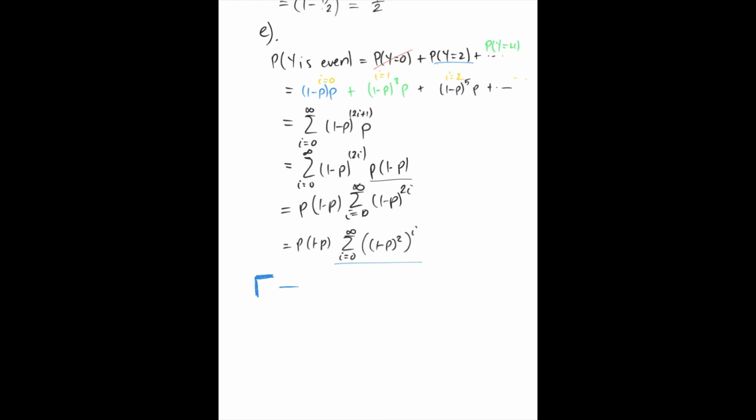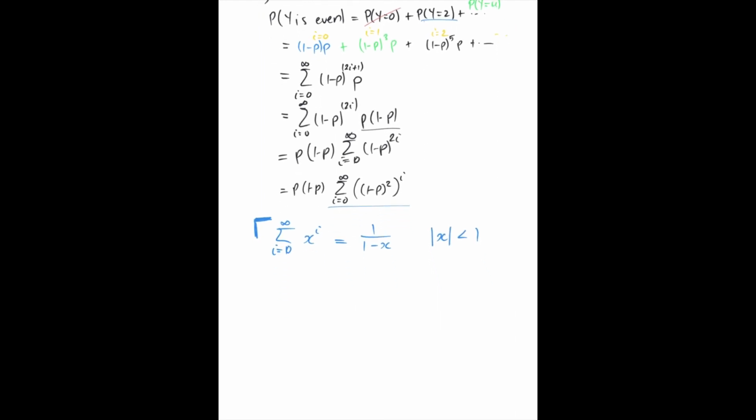So what we're going to use is the fact that the sum from i equals 0 to infinity of x to the i is equal to 1 over 1 minus x, provided that the absolute value of x is less than 1. That is because this is a geometric series, and proofs for that were done in first year maths. You can also do it by taking the result we derived in, I think it was part 1, and taking the limit as n goes to infinity, but we're not going to worry about that.